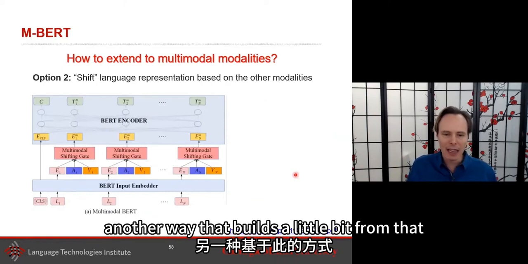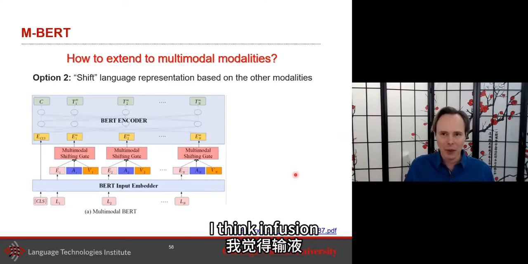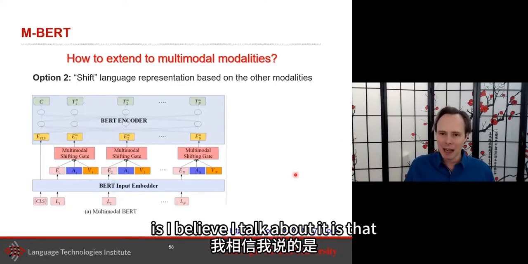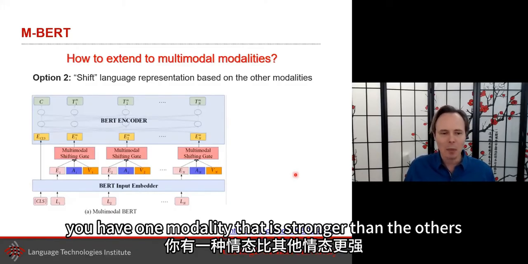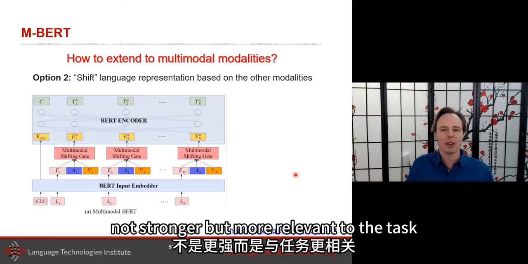Another way, which builds a little bit from the intuition I talked about in fusion, is that sometimes you have one modality that is stronger than the others. So language may be more relevant to the task.